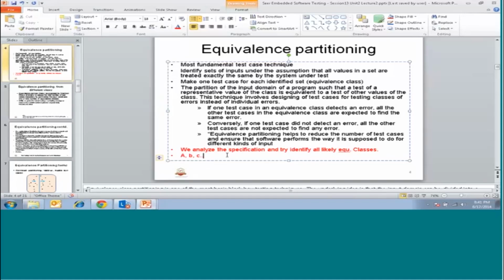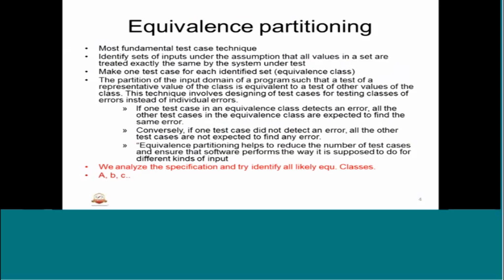If that variation is there, then we can divide further into different classes. So the next step is to choose a good representative out of all these equivalence classes to form the test case for that equivalence class. So that is the aim of the equivalence partitioning identification.